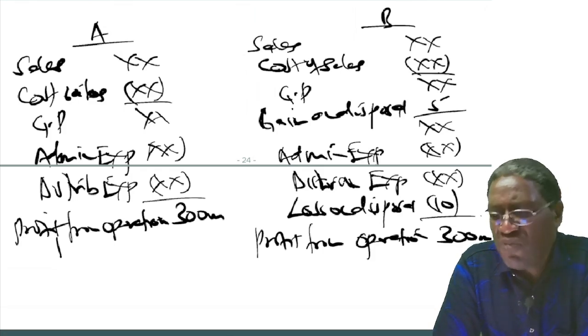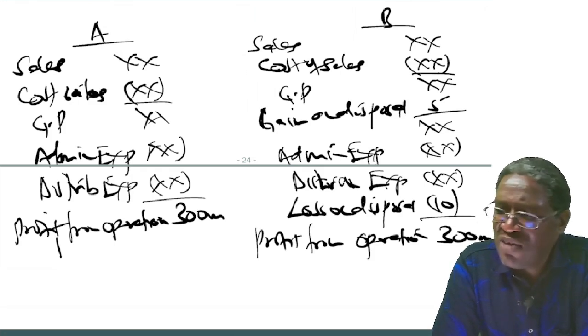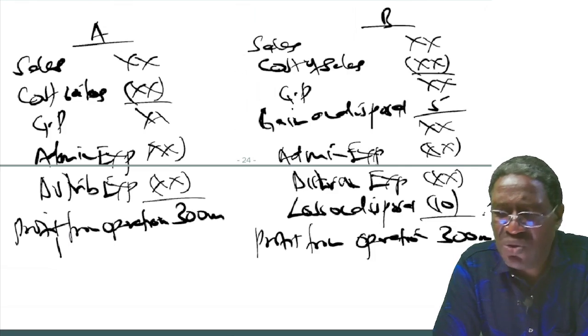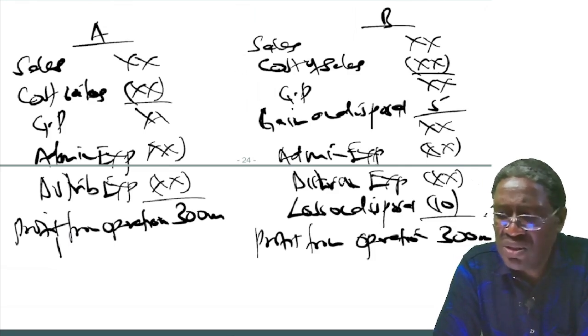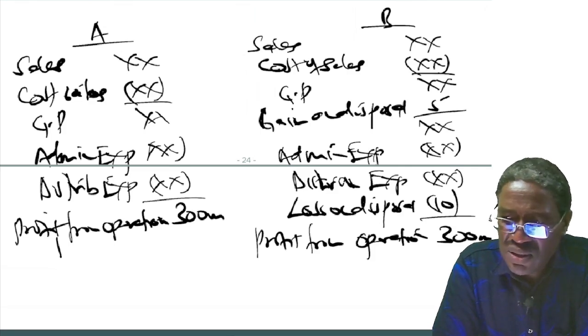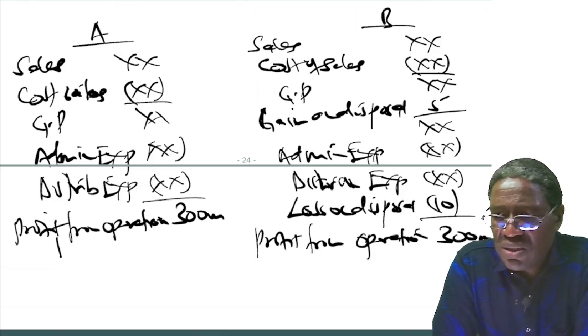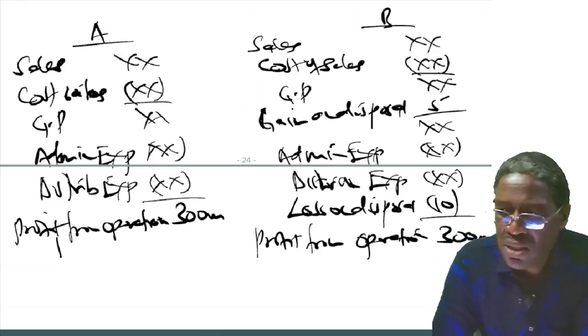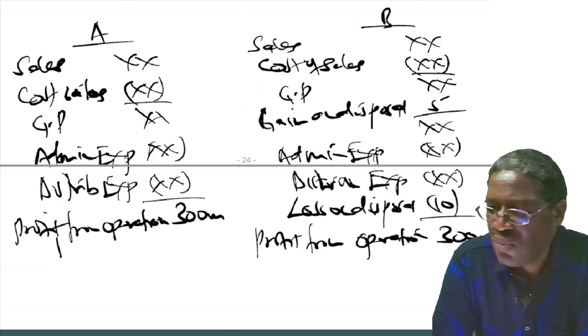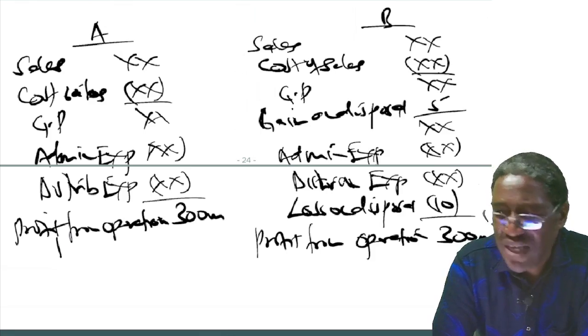So it is obvious this company must have sold an asset somewhere and they made a loss on disposal of 10 million. They must have sold another asset and made a gain on disposal of 5 million. But accountant A is not showing me. So it tells me that accountant A must have used the loss on disposal somewhere, must have used the gain on disposal somewhere.